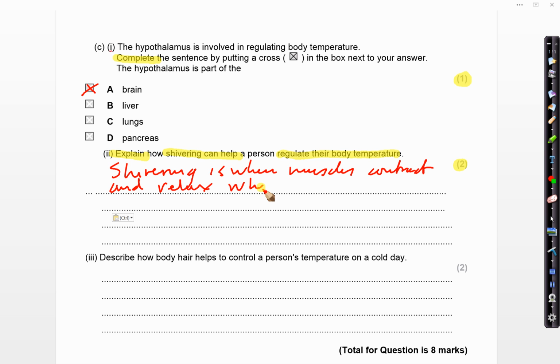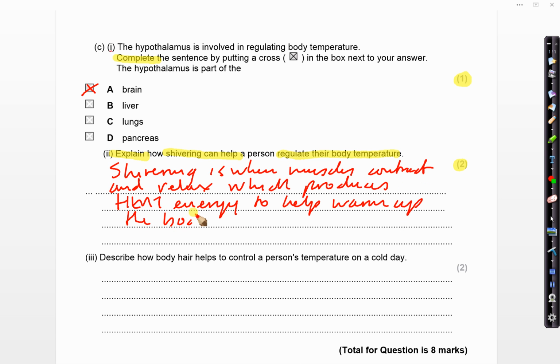So our connective here is which produces heat energy to help warm up the body. So we've made a clear explanation there. We've linked the shivering process with the production of heat.